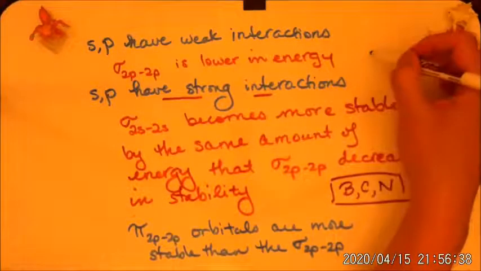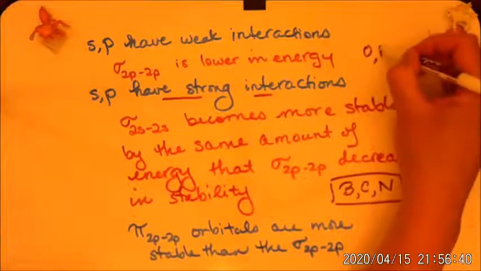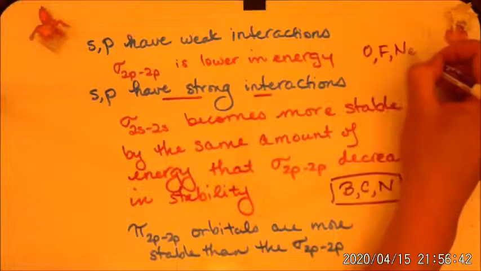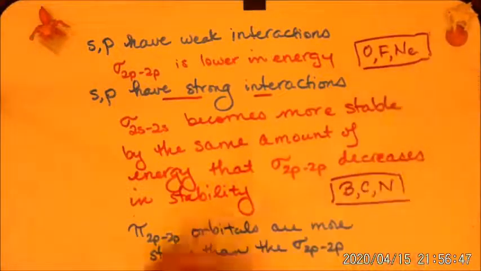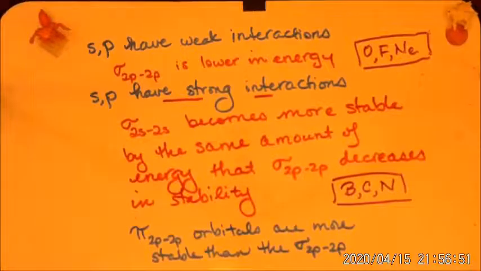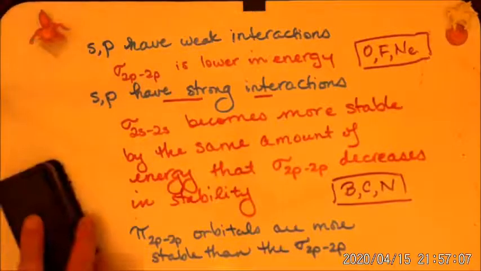If you go to oxygen, fluorine, and neon, these all have weak interactions. Alright? So what we're going to do is let me draw my orbital diagram first. So you see what's strong and weak, and then we'll actually focus on two different diatomic molecules. Okay.